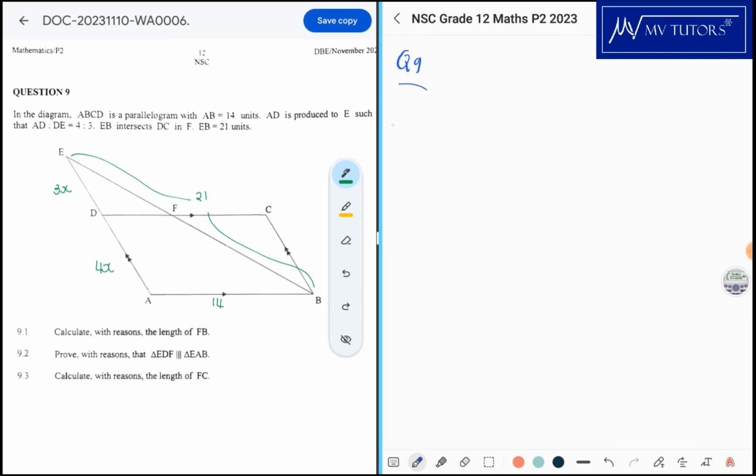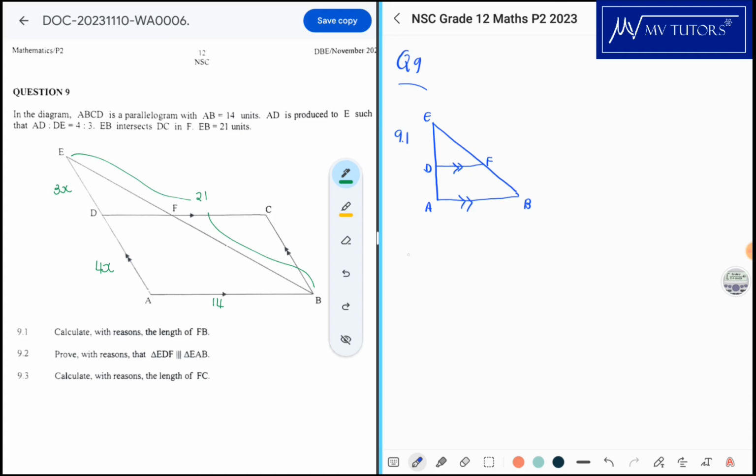So now, 9.1, it says calculate with reasons the length of FB. Okay, I'm going to redraw this, but not exactly as they have drawn it. I just want to draw it in a way that's simple. So I have E, D, A, and B, F. And I know these lines are parallel. Okay, we've been told. And now we're looking for the length of FB.